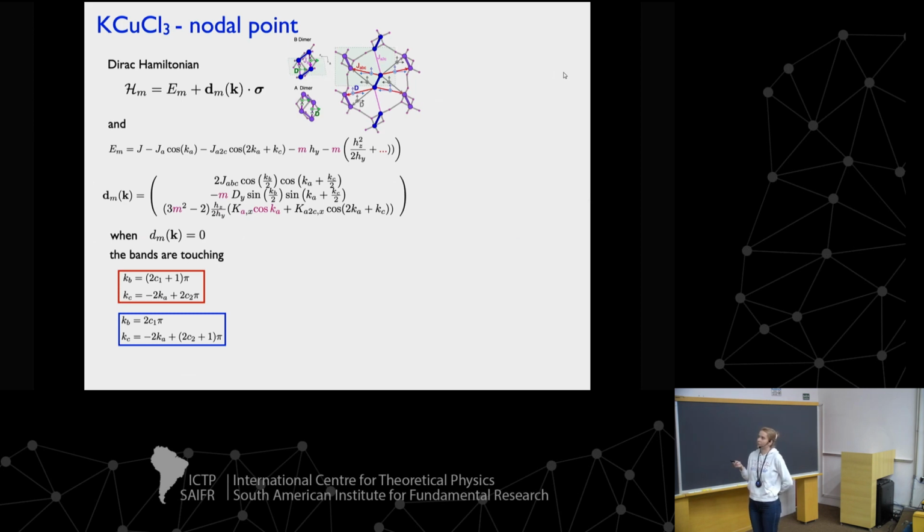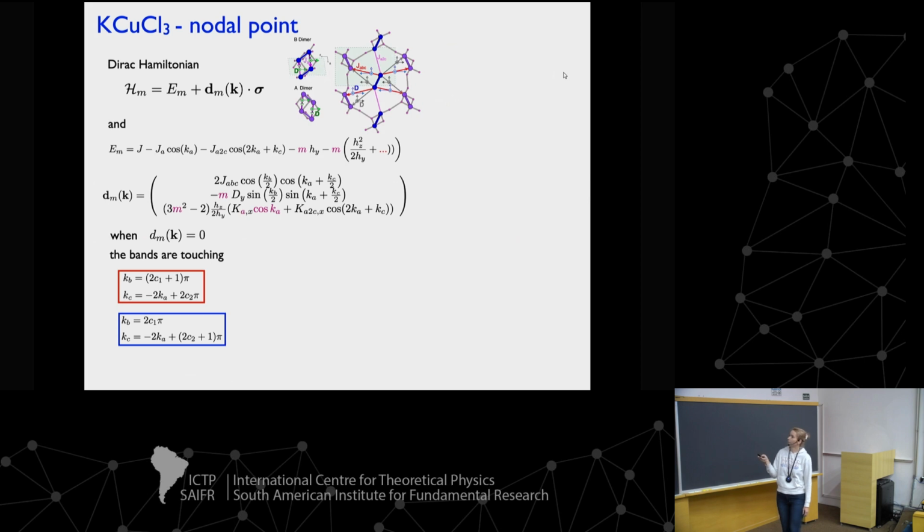So the question is, can we actually go beyond lines, because we only had a fully gapped system and nodal lines. Can we have nodal points, for example, or Weyl points in this system? For that, we need to include another anisotropy. In this case, instead of having the symmetric exchange on the dimer, we can have it between the dimers in the A direction. And that will give a new condition.